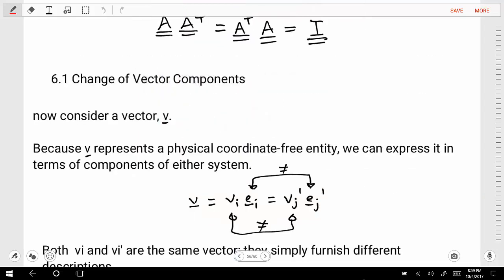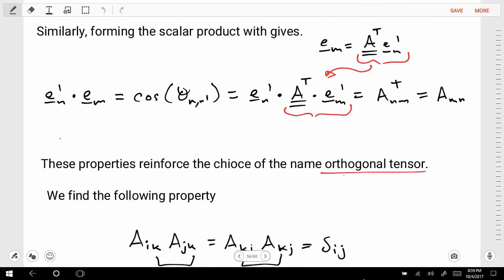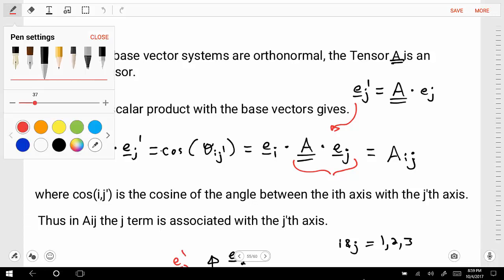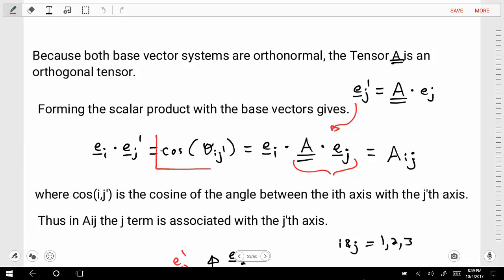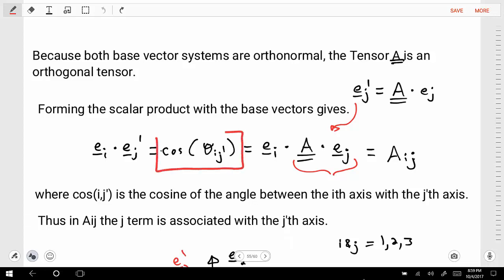And then lastly, the important thing we need to remember, if we go all the way back, is that the components of our transformation tensor are described as cosines, which are the angles between an original base vector and a rotated base vector.